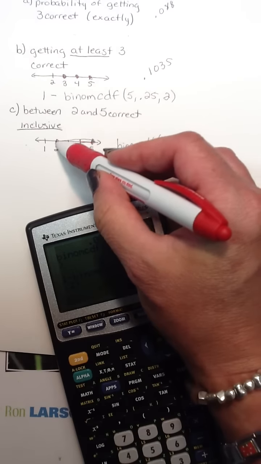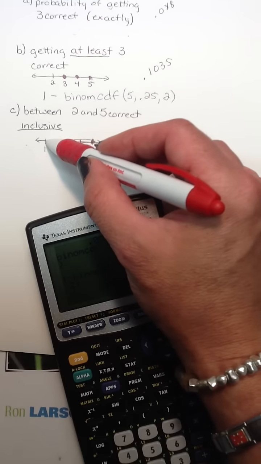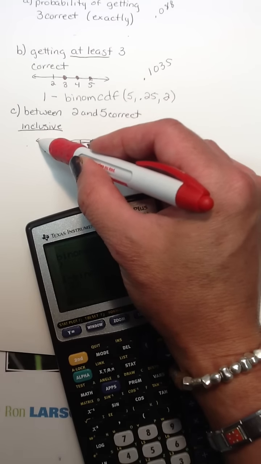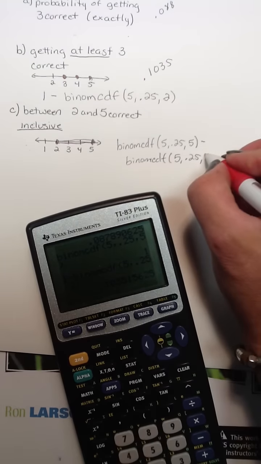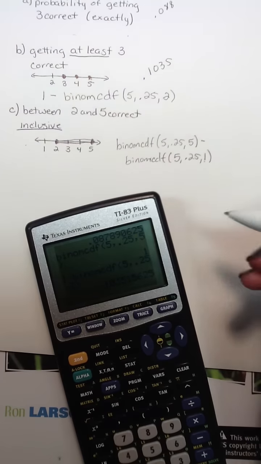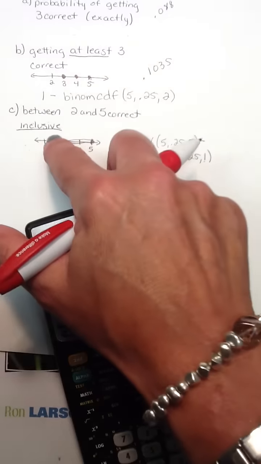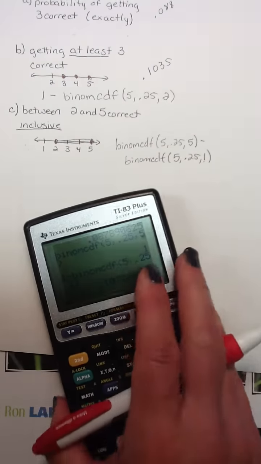And notice that since it's including 2, I'm going to go down to 1 and get rid of 1 and 0. So instead of writing 2 here, because 2 is included, I'm going to write a 1. And that's how I'm going to put it into my calculator. So when it's inclusive, be careful on that one.